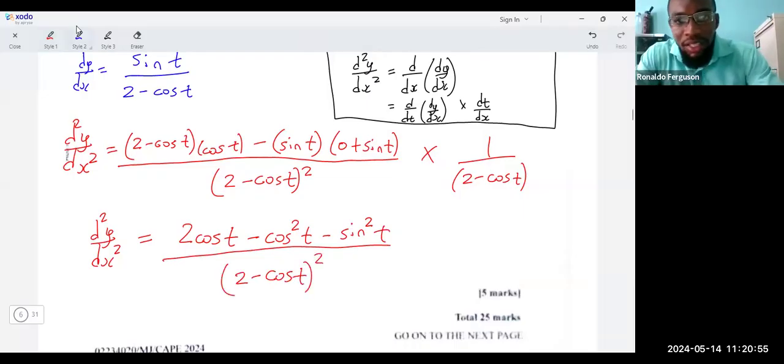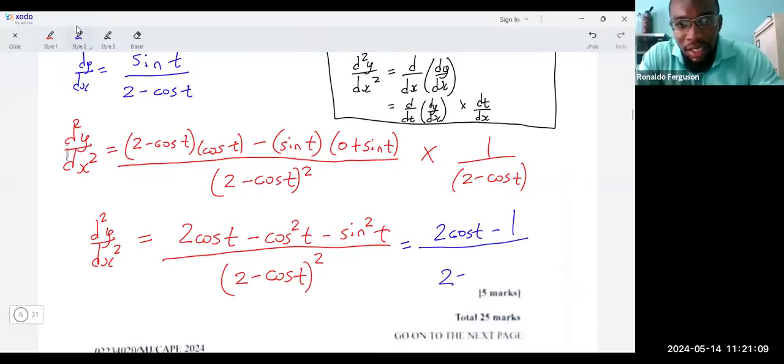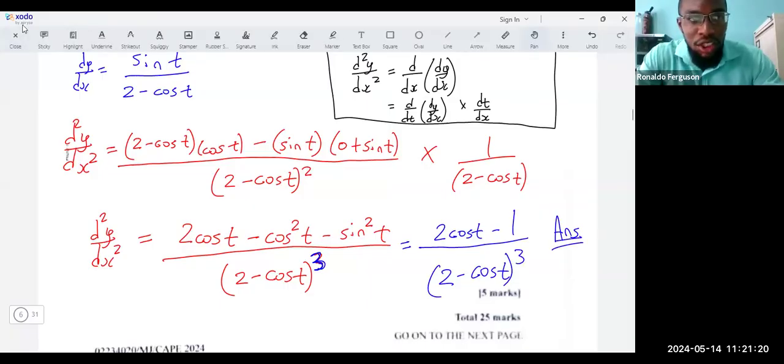And then if you want, you can simplify further, because if you factor out the minus, you have cos squared t plus sine squared t, which is 1. So you can write your final answer as 2 cos t minus 1 over 2 minus cos t all cubed, since square times 1 is cube. Boom. Question 1 is finished.